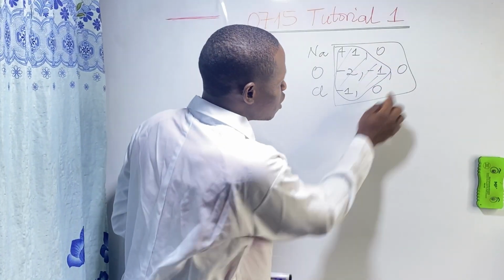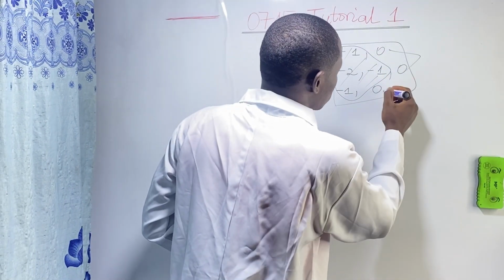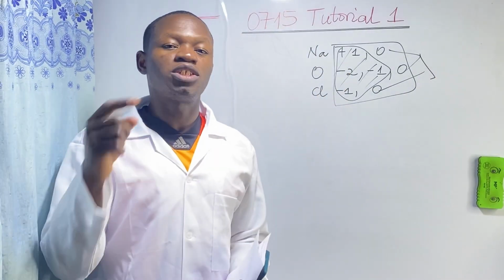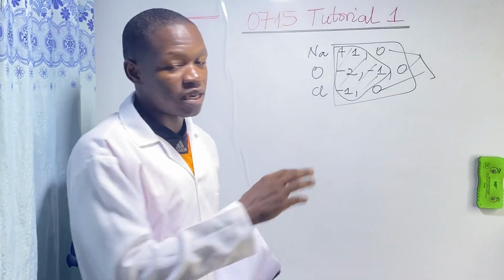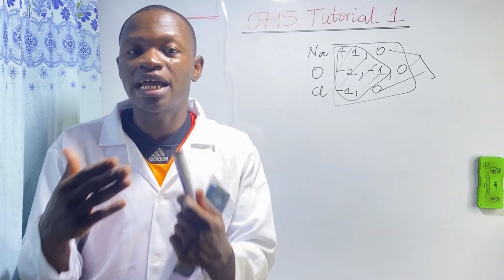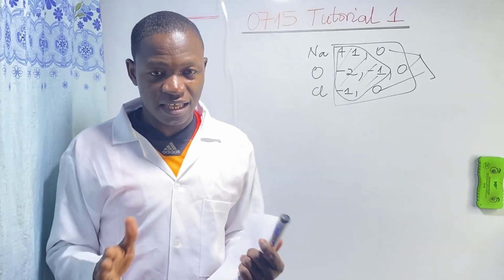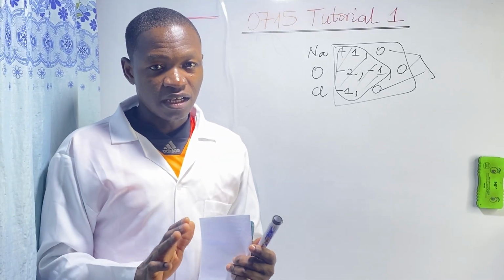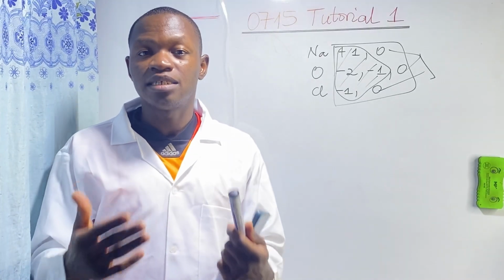But the zeros, what are they? The zeros are the oxidation numbers of these elements when they are neutral, when they are in the uncombined state, when they have not reacted. Their oxidation number is 0.